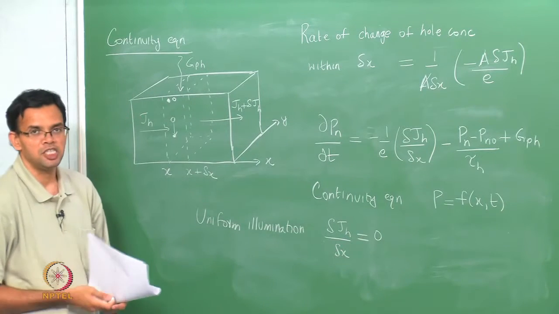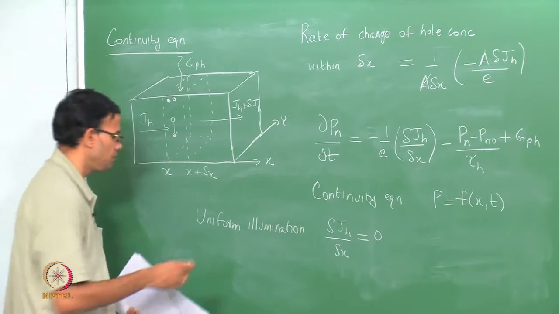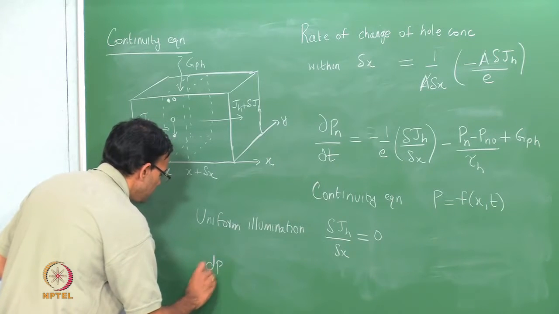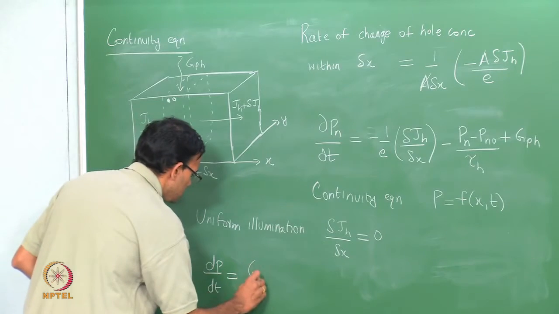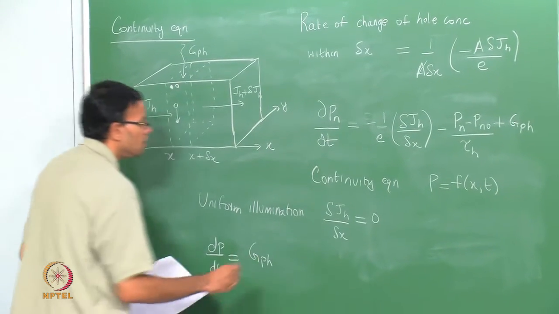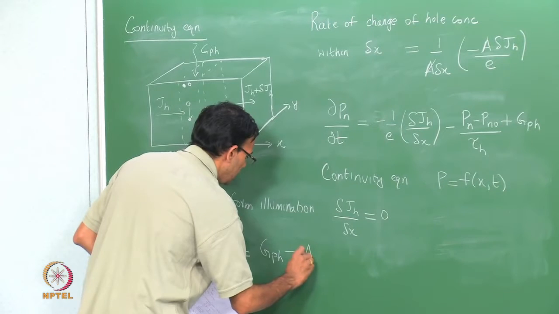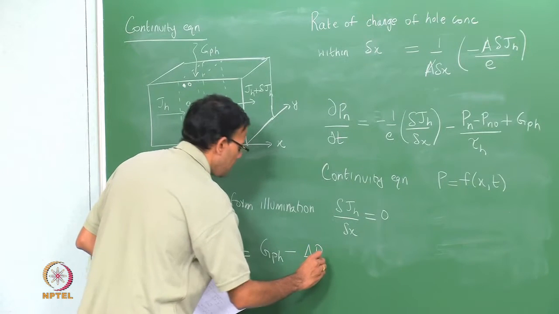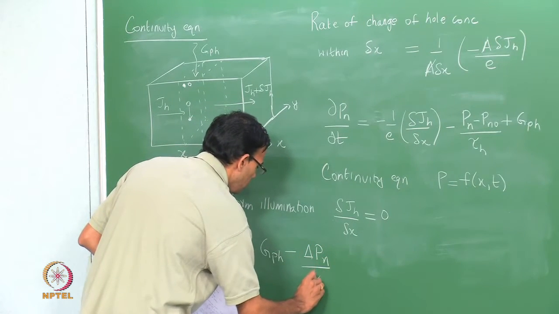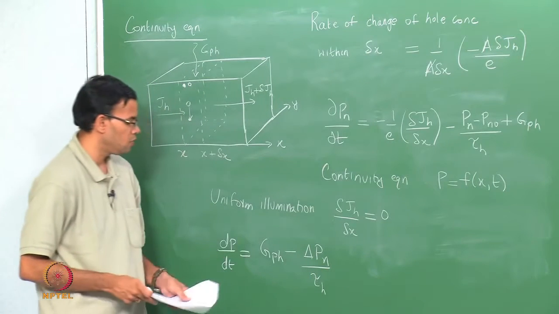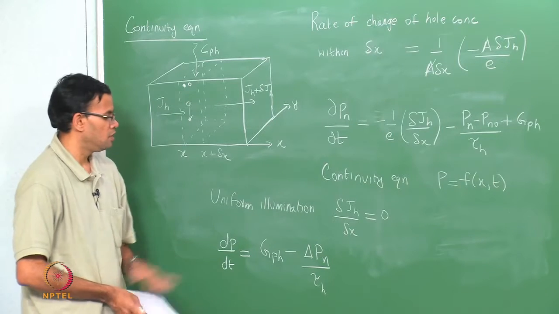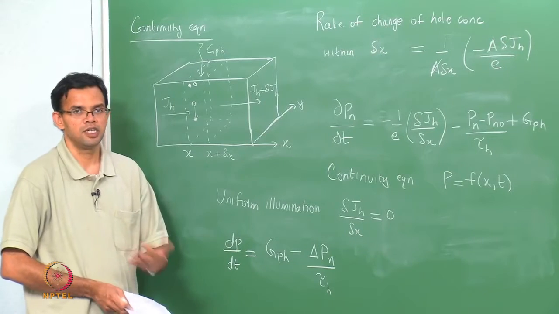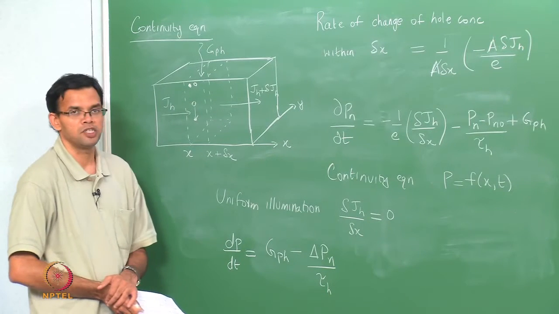P will only change as a function of time, so that you have dP over dt is Gph minus delta P over tau h. So, we get back the original equation that we wrote. So, uniform illumination is then just a specific case of the generalized continuity equation.